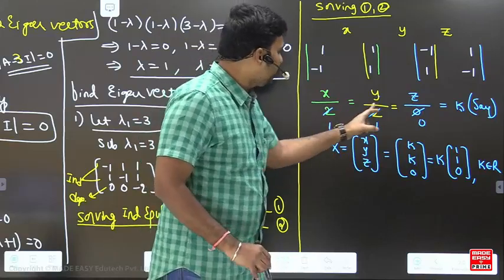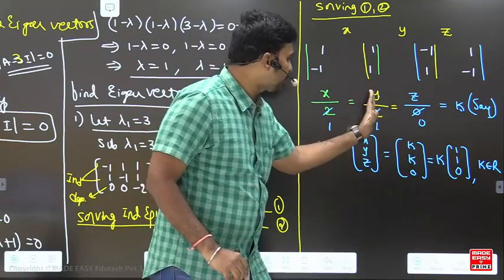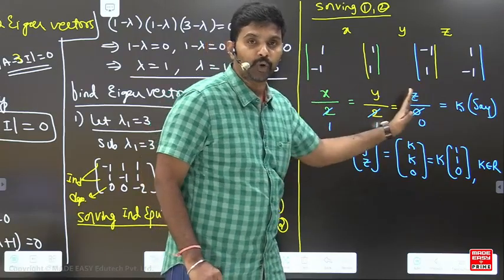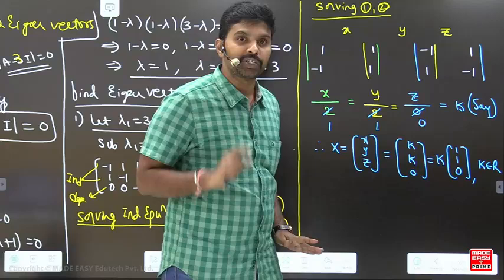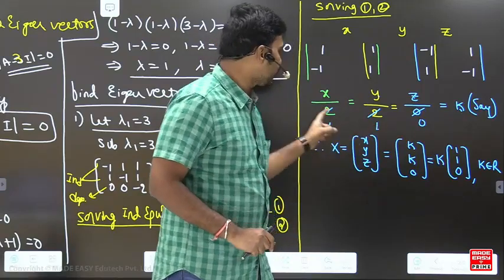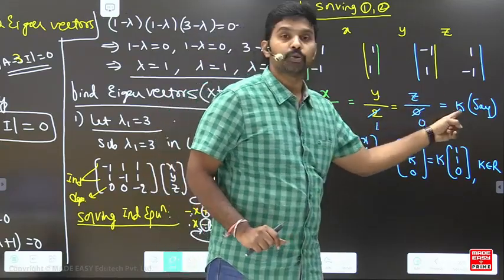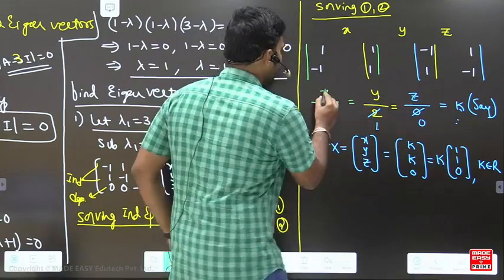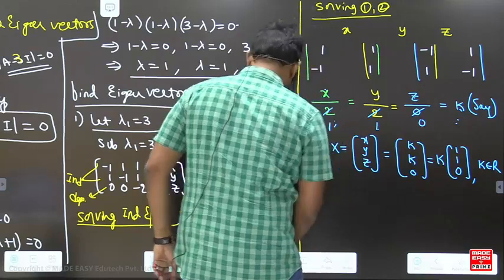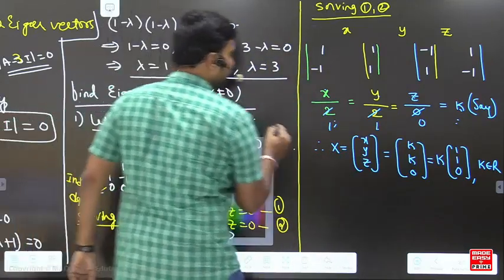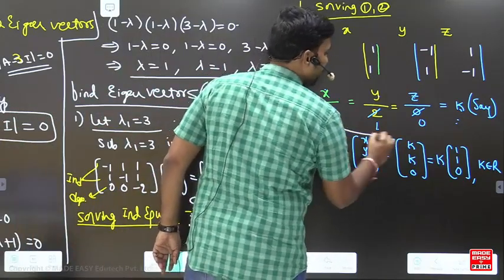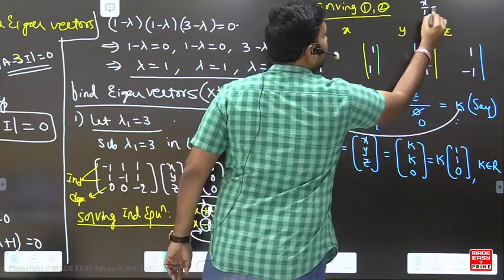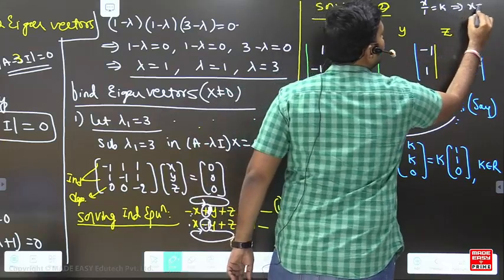Now, since these three are expressions, one in x, one in y, one in z, when all three are equal, they are called the auxiliary equation. Whenever such an equality comes, all three can be equated to some constant k. So x by 1 is equal to k, so x is equal to k.